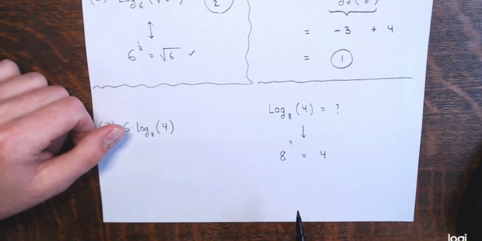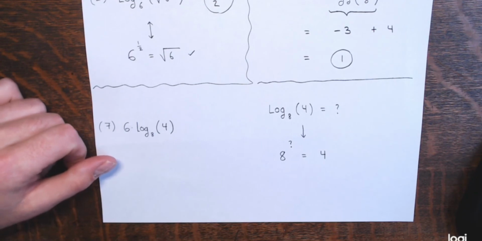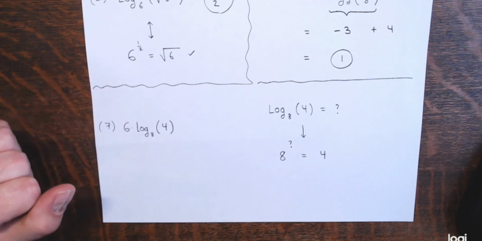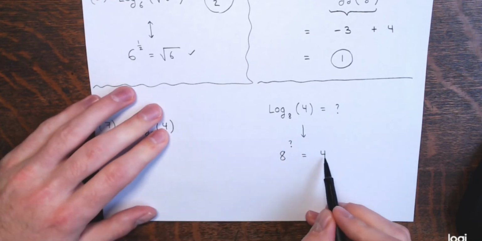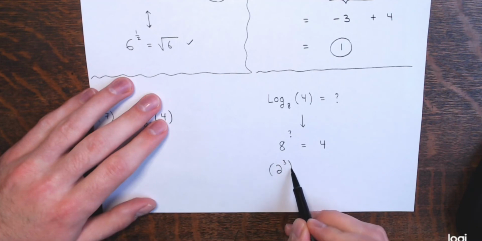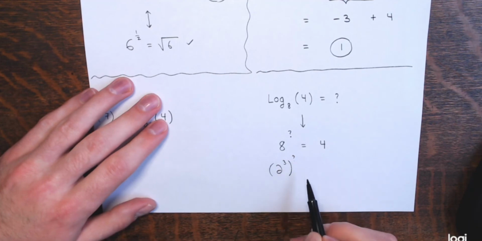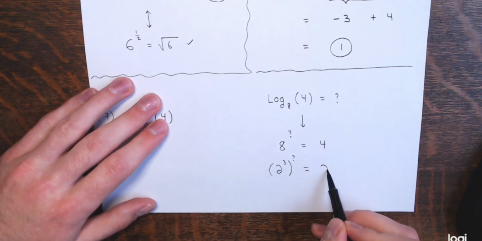And then this is where some properties of exponents can come into play. And we'll see much more of this in a later video when I talk about solving exponential equations. But both 8 and 4 are powers of 2. This 8 to the question mark is the same thing as 2 to the third, and then over here, 4 is 2 to the second power.